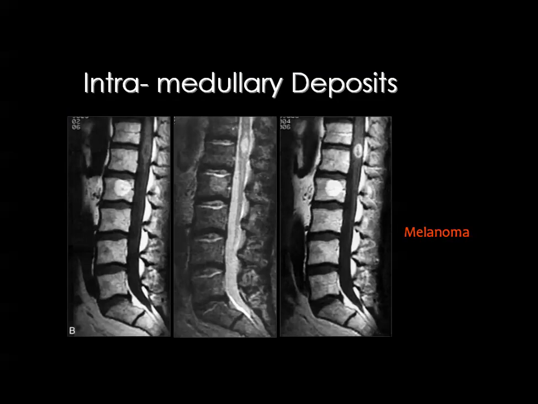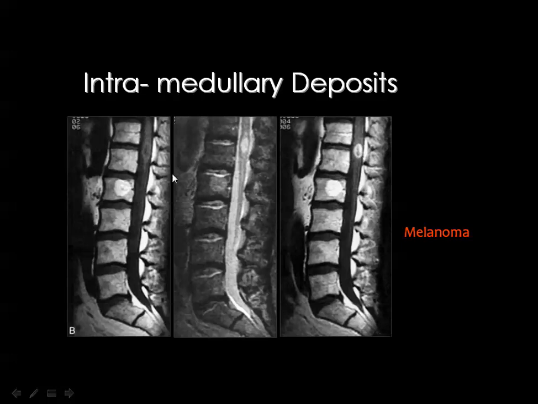Then we came to intramedullary metastases. They are diagnosed by the presence of a non-primary malignancy. This patient had melanoma, and you can see a lesion inside the vertebral body, number 2, and a lesion inside the conus.